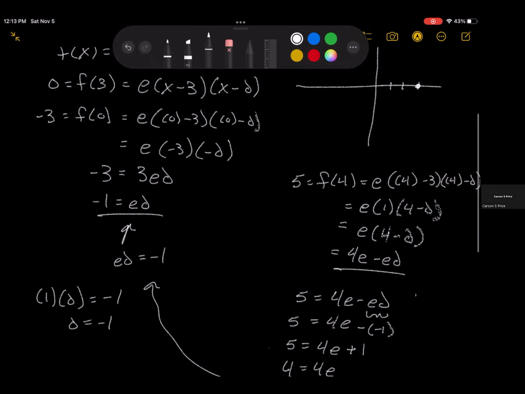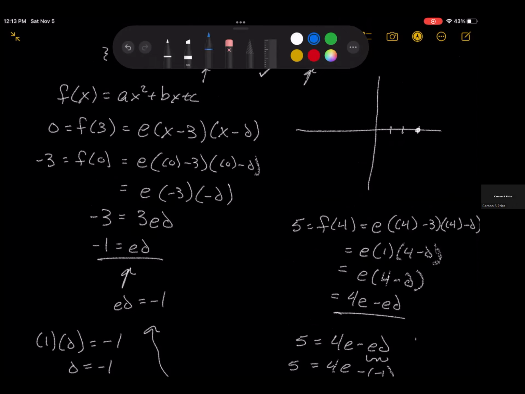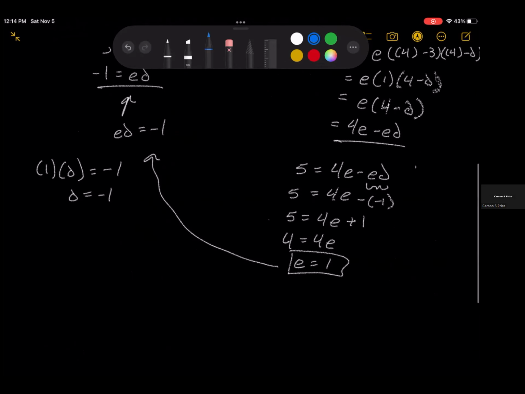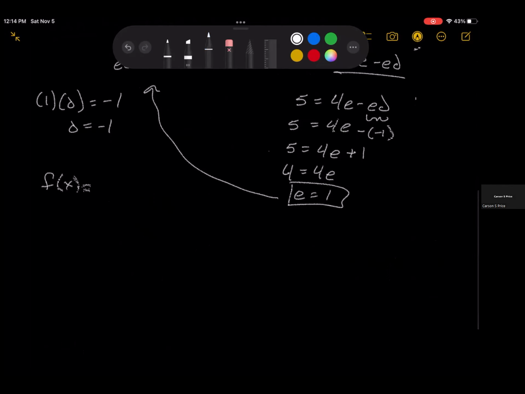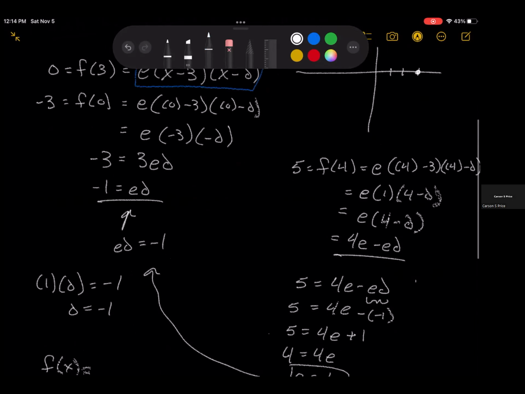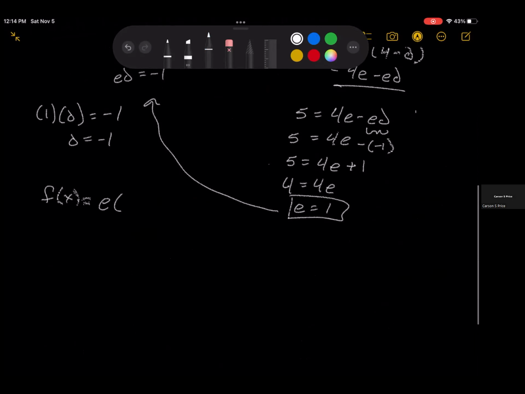So let's find our original function. The function that we have was this. I know that the function is equal to e times x minus 3 times x minus d.